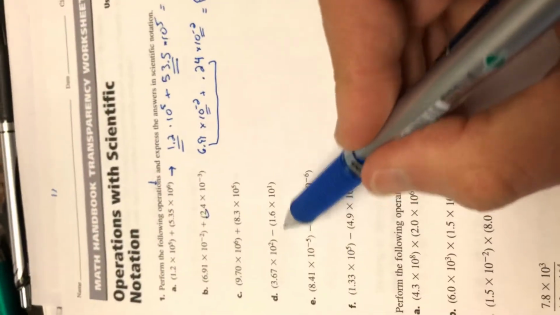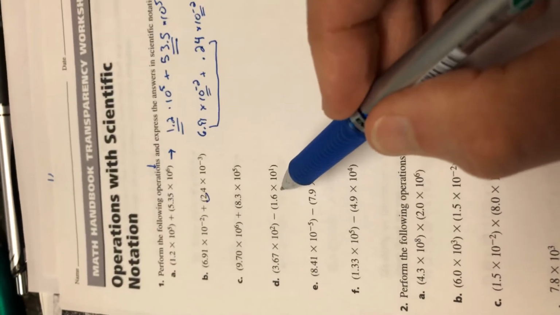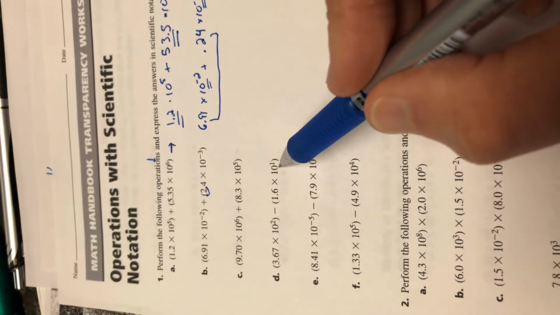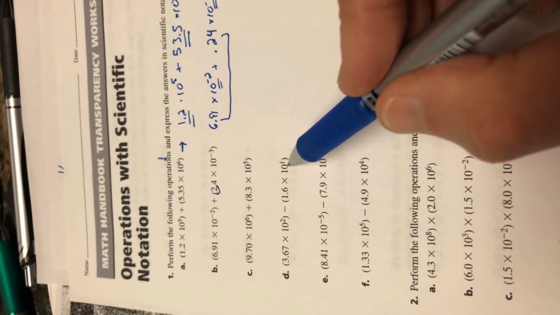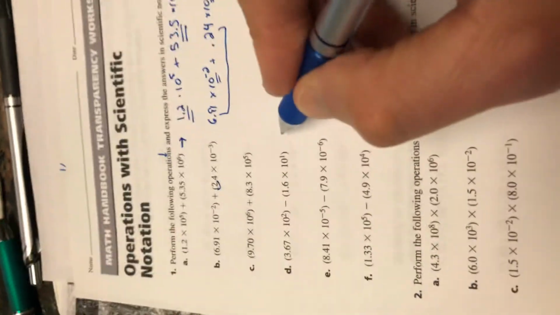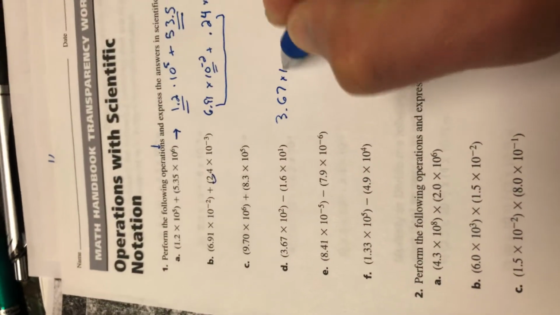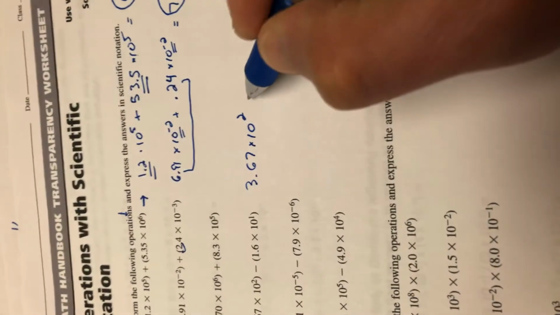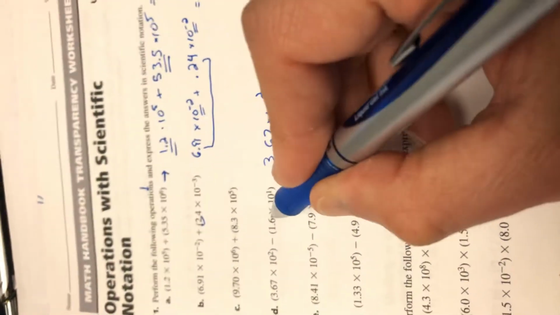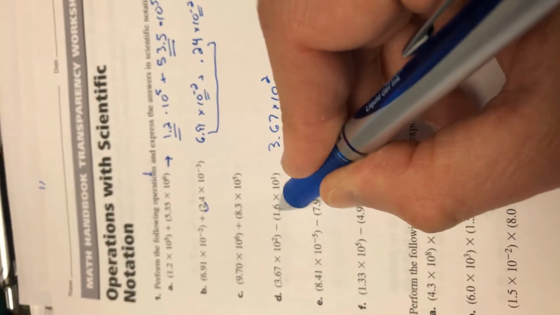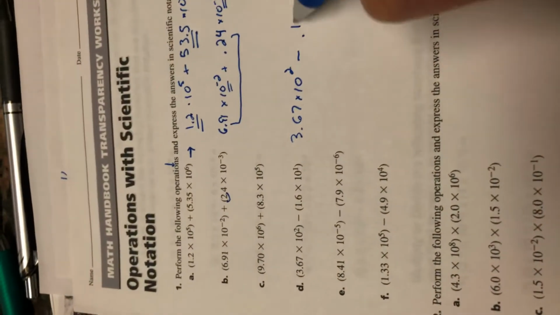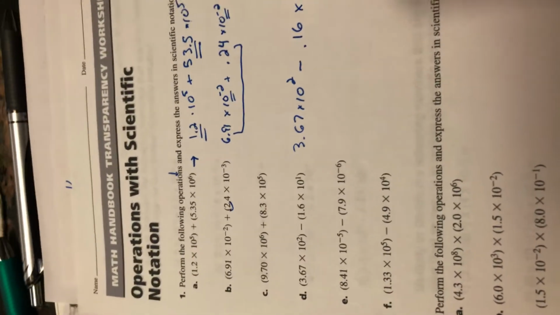Same thing with subtraction. What I would probably do is make this one, it doesn't matter which one you move. If I make this 10 to the 2nd, it becomes 3.67 times 10 to the 2nd, and then minus, if I'm going to move it over one place, that gets me here, so I got to move it this way, so it becomes 0.16 times 10 to the 2nd.